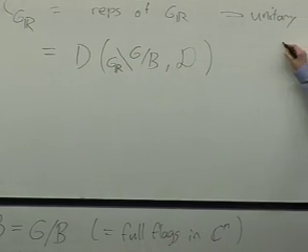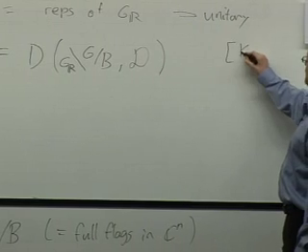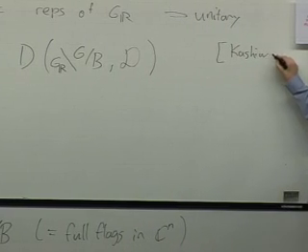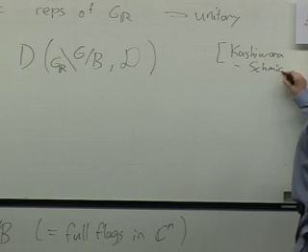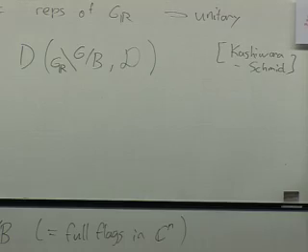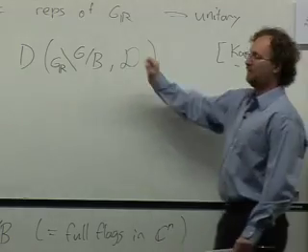So this statement is actually not exactly how Beilinson-Bernstein formulated. This is a theorem of Kashiwara and Schmidt. But I'm going to think of this as the same kind of statement.